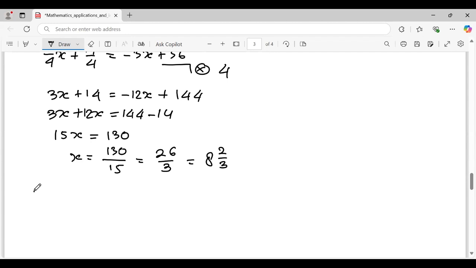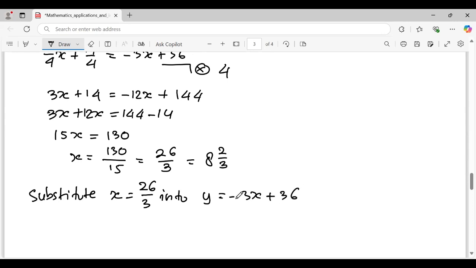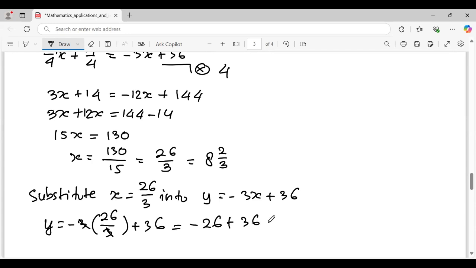But I'm going to use this one, substituting x equals 26/3 into y equals minus 3x plus 36, the second equation. So y equals minus 3 multiplied by 26/3 plus 36, minus 26 plus 36, it is 10.